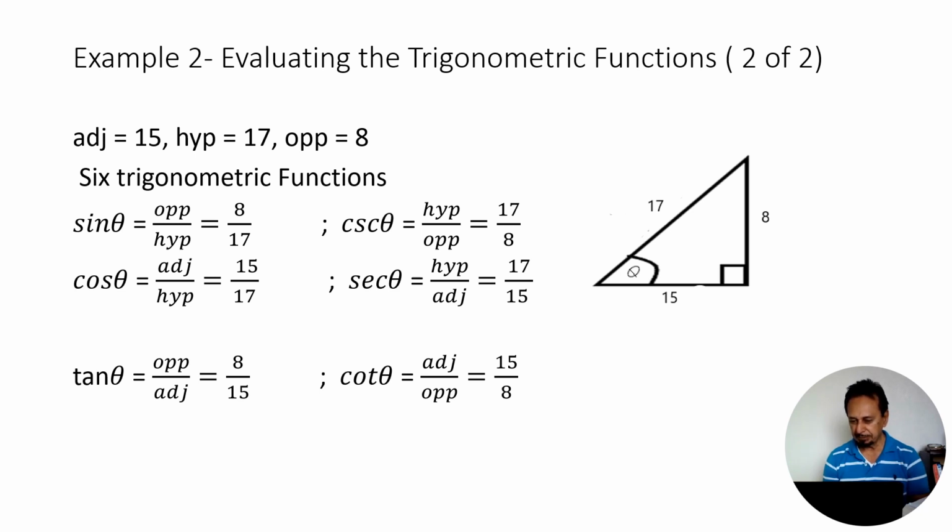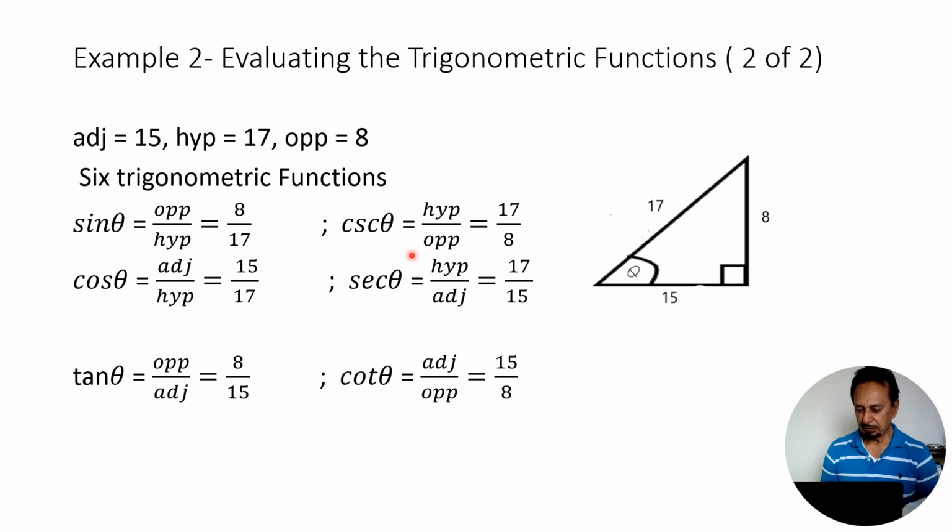Adjacent is 15, hypotenuse is 17, and opposite is 8. So now we can write the trig functions using this triangle. Sine theta is opposite over hypotenuse, 8 over 17.